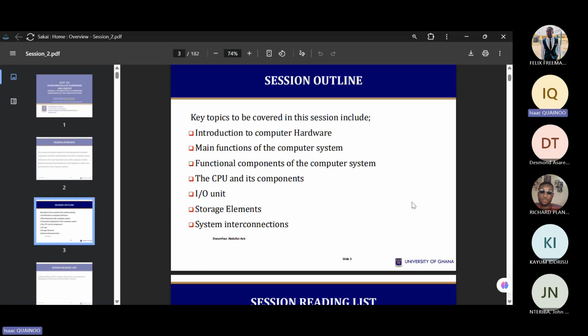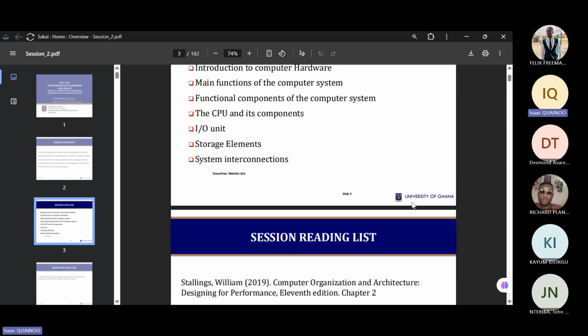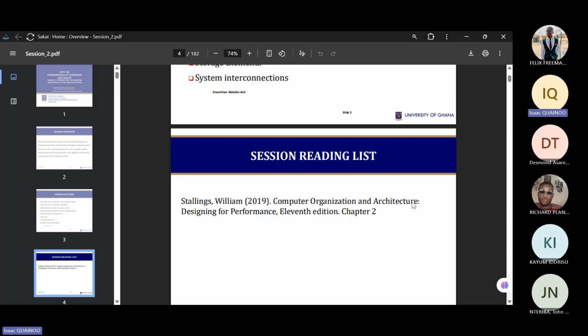So the session outline is focused on the introduction to computer hardware, the main functions of the computer system, and then the functional components of the computer system: the CPU and its components, the input-output units, the storage elements, and then the system interconnections.